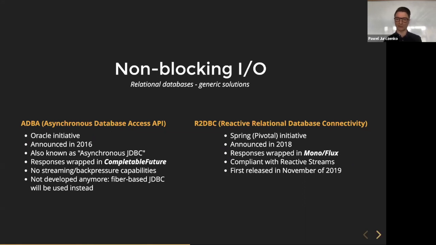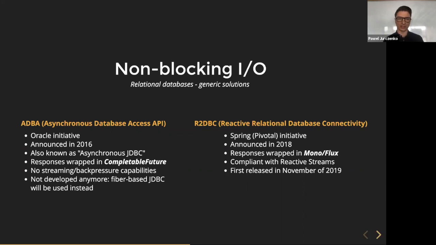We can go from Mono or Flux into a Monix Observable, for example, or an FS2 stream, thanks to the Reactive Streams Protocol, basically in the opposite direction to the one I have shown you in the previous slide. Okay, and this is all when it comes to this section of non-blocking APIs, non-blocking IO operations.